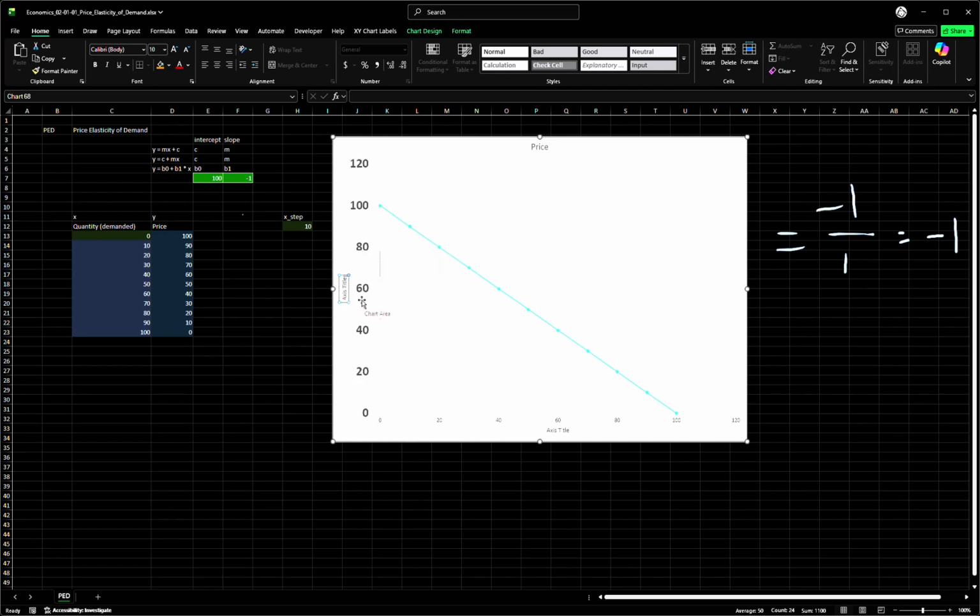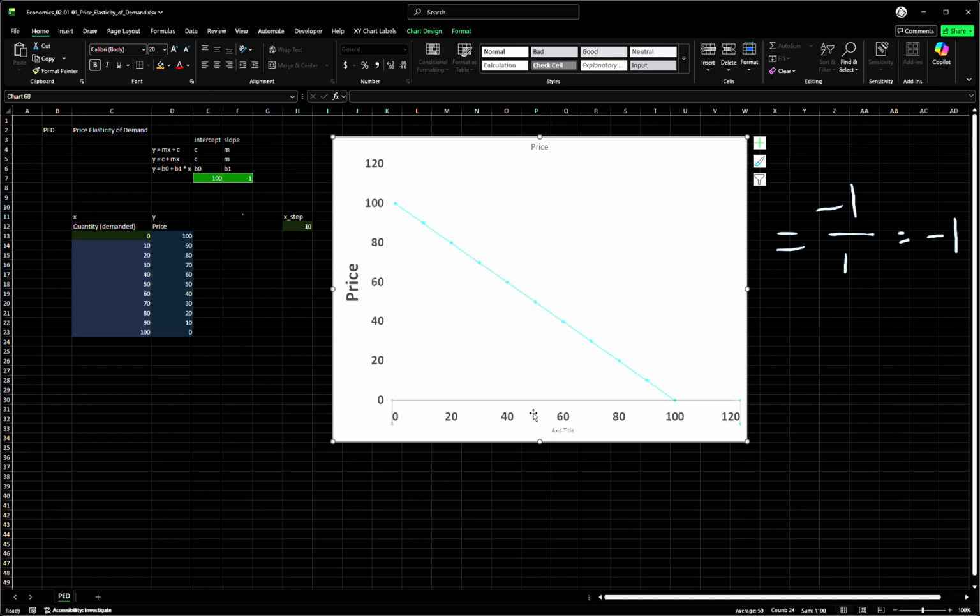Let's break it down: percentage change in price. Okay. So what in the world is percentage change in quantity?